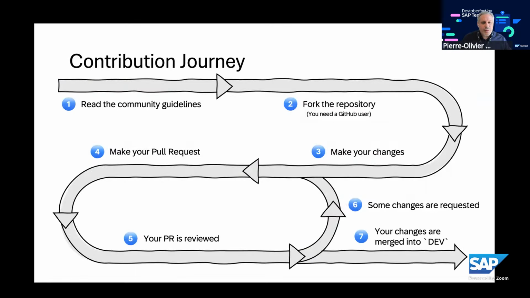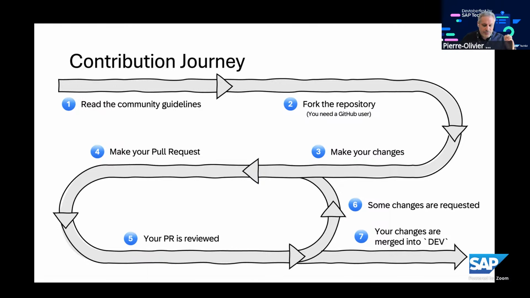Now the contribution, and this is where you can join us and contribute. First we have different steps, but the first and the most important part is to read the community guidelines. Then once you are aware of all the steps and everything you have to do, you can follow the repository, make the changes or create a new reference architecture.